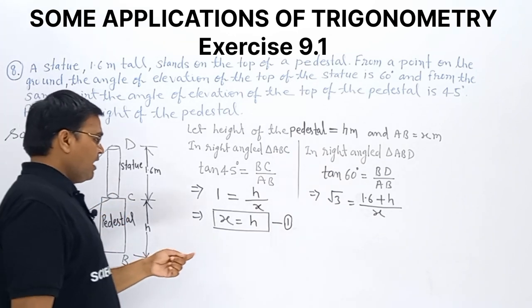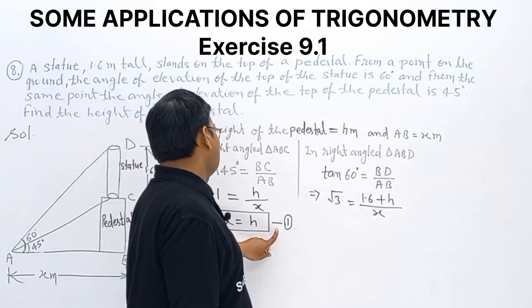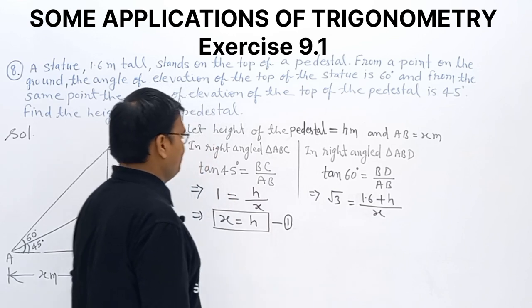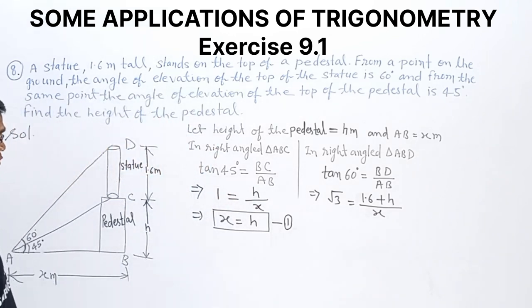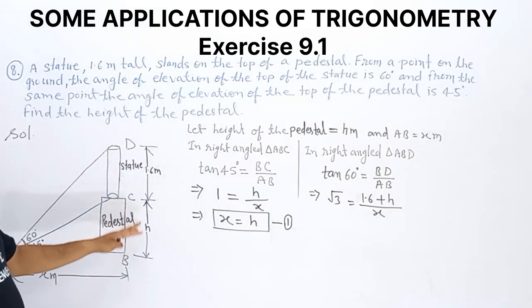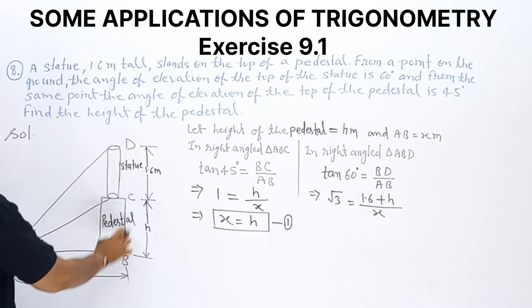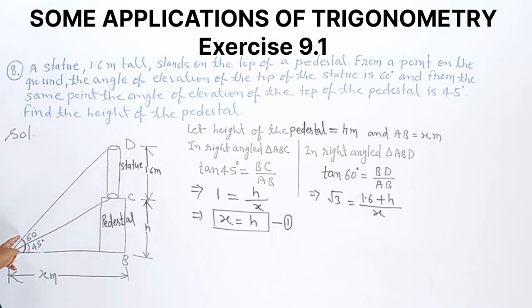So I am putting this as equation 1. Clear? We want the numeric value of H. Now we are considering this right triangle ABD, in which we are having a 60 degree acute angle, and for this 60 degree acute angle, its opposite side will be BD, and BD will be H plus 1.6.